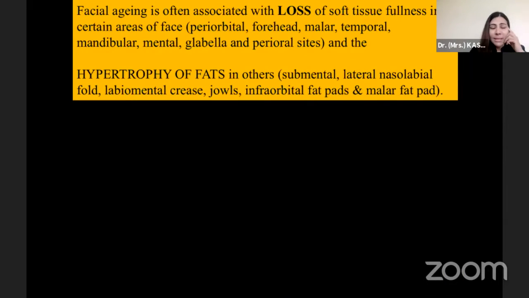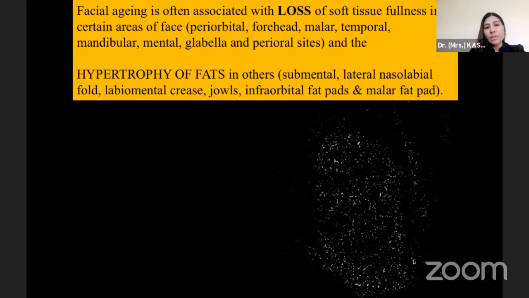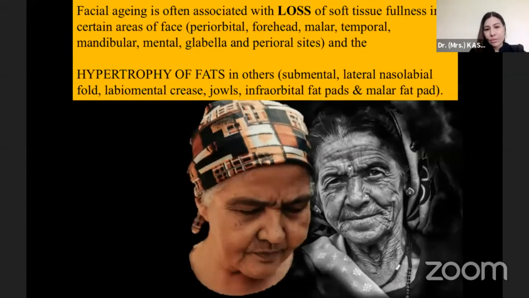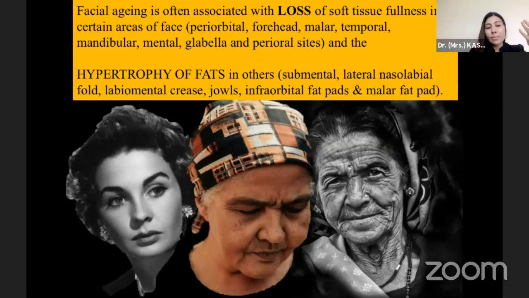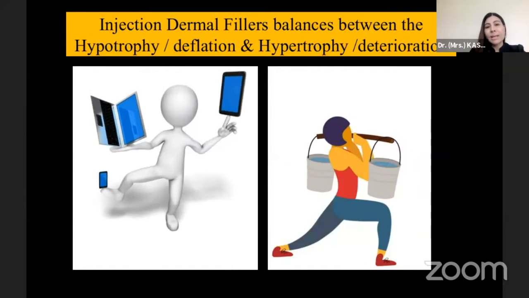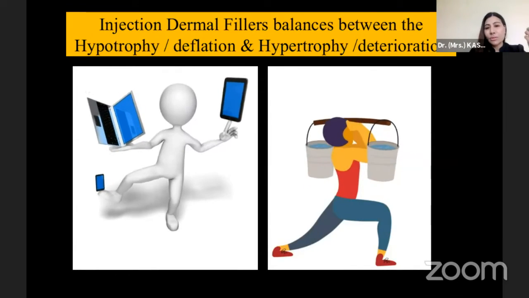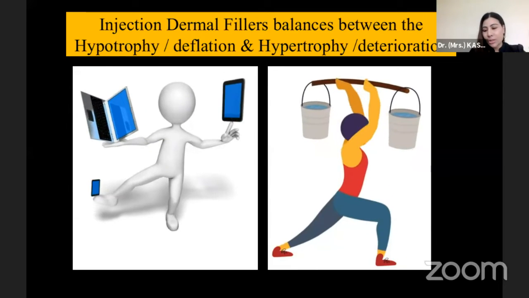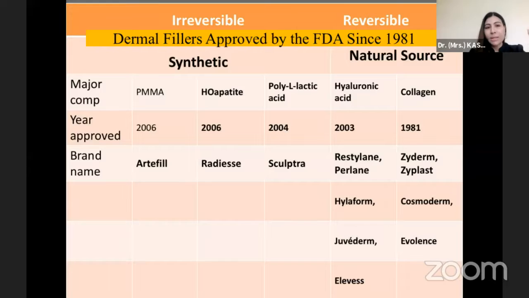In facial aging, it is often associated with loss of some parts of the tissue, and on the other hand, there's hypertrophy of some parts of the tissue, and thus we need a balance. We need a balance between this hypo and hypertrophy of the face, and the best is done by injection filler, which balances between the deflation and the deterioration that Shilpa and PT have been speaking about earlier.